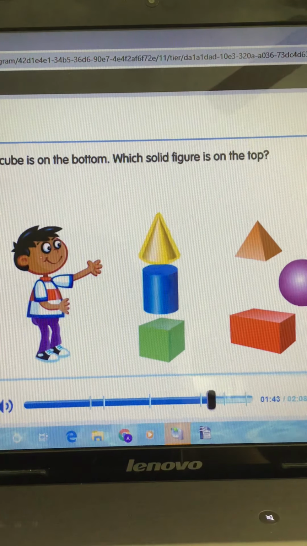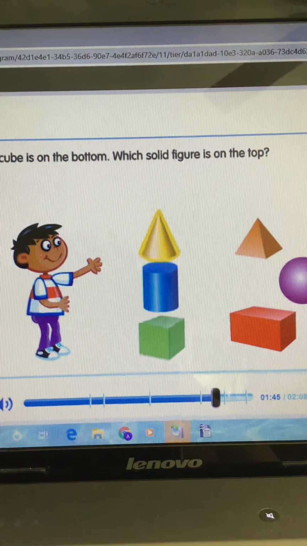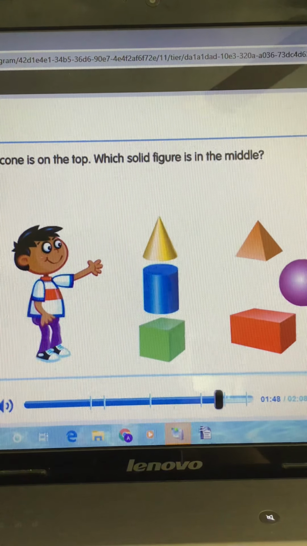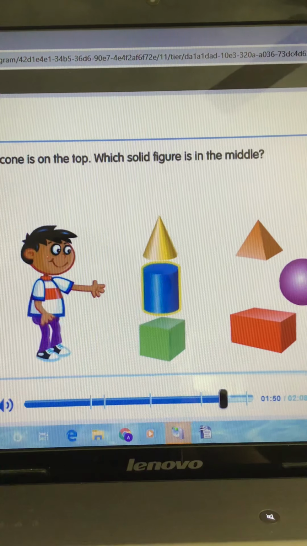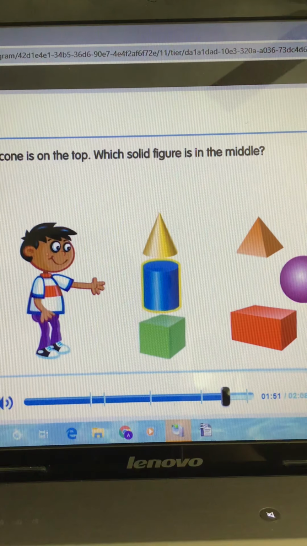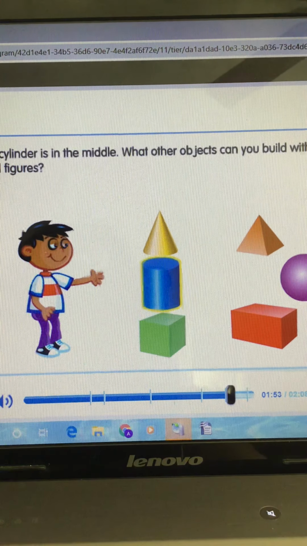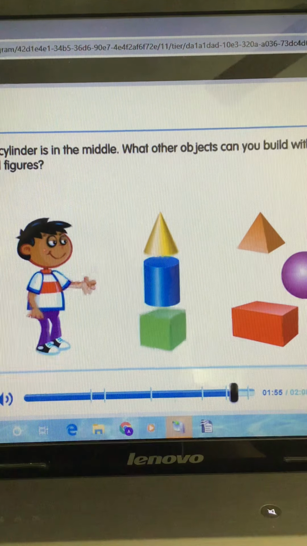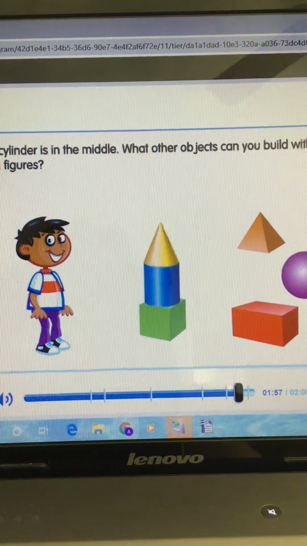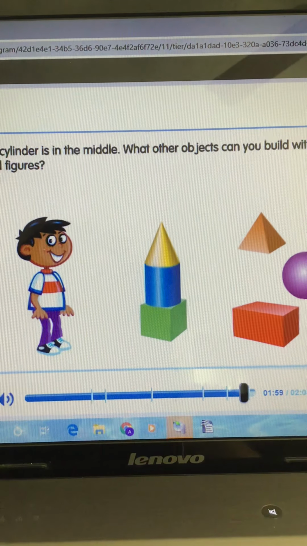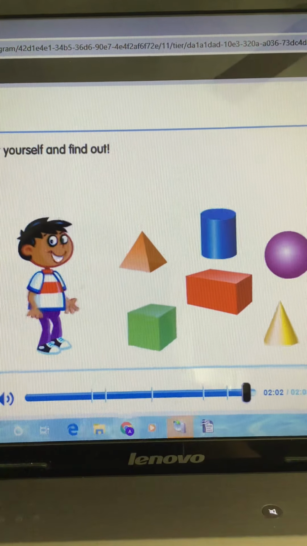Which solid figure is on the top? The cone is on the top. Which solid figure is in the middle? The cylinder is in the middle. What other objects can you build with solid figures? Try it yourself and find out.